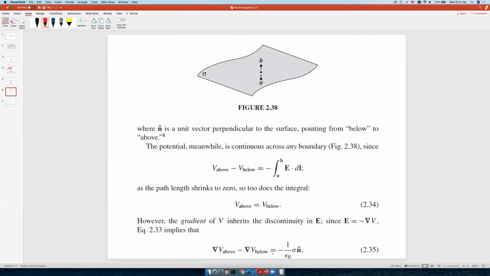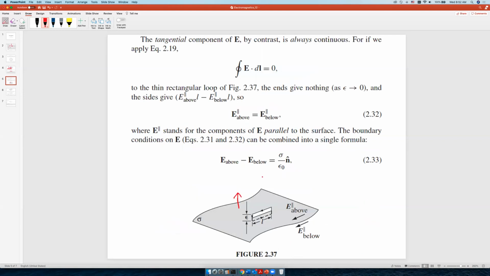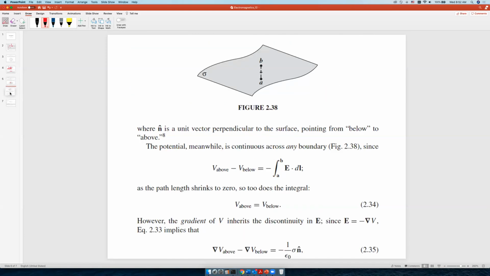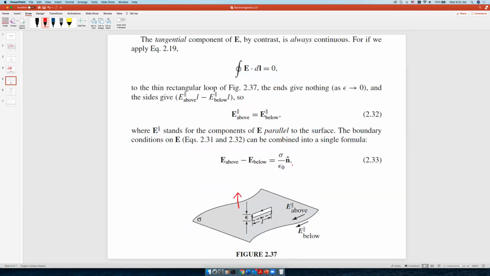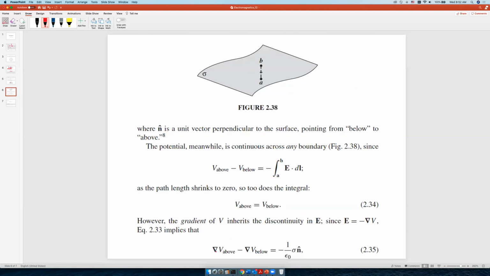So this equation 2.35 is the same thing as equation 2.33. It's just equation 2.33 written in another format in terms of V, and the relationship between V and E is so simple.